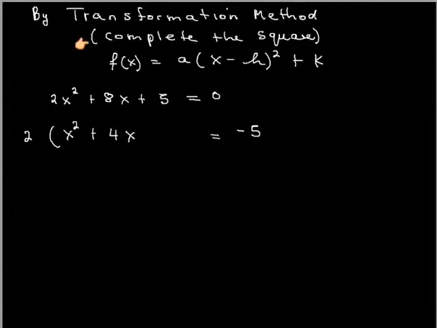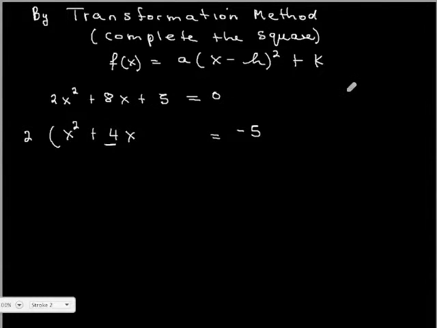The second method is the graph transformation method, and this is where we get to complete the square. So using the same equation, you want to set that equal to 0, factor the number a out, and take the 5 over to the other side of the equal sign. Leave a good bit of space here because we will have to fill this in, and this is what you do.